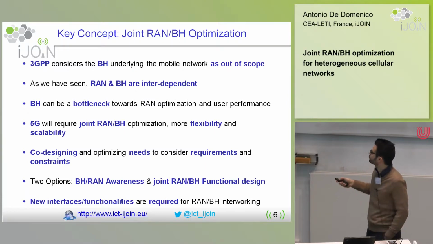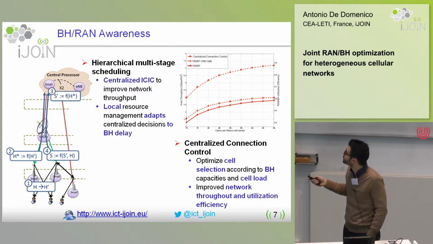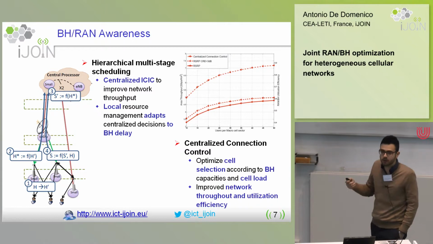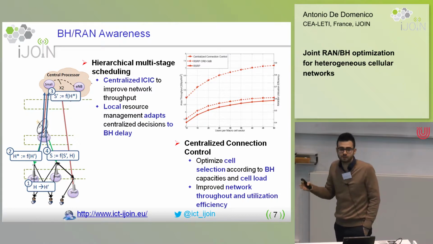Anyway, you have to define new interfaces and functionalities to enable this interworking. So first of all, I will give you some detail on functions that take into account the backhaul or the RAN constraints to improve the system performance.